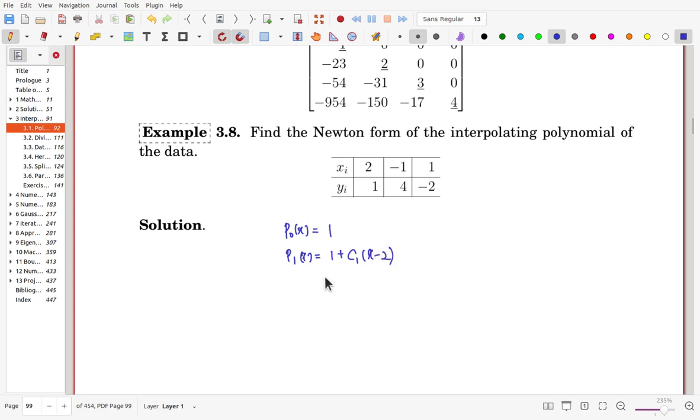And for that one, we have to decide the C1 such that P1 at x1 equals y1.